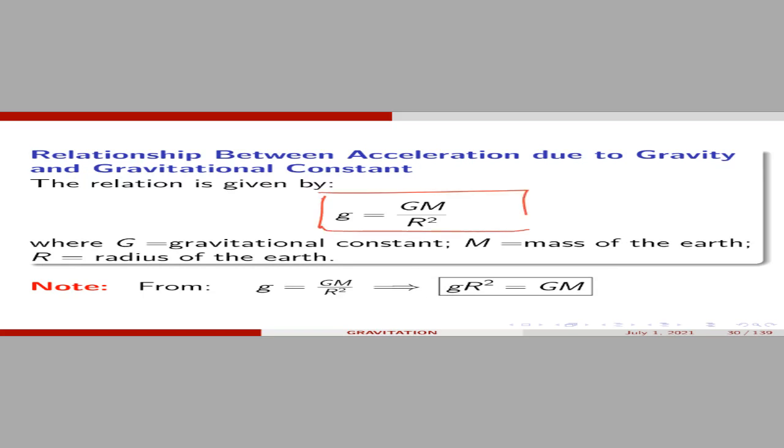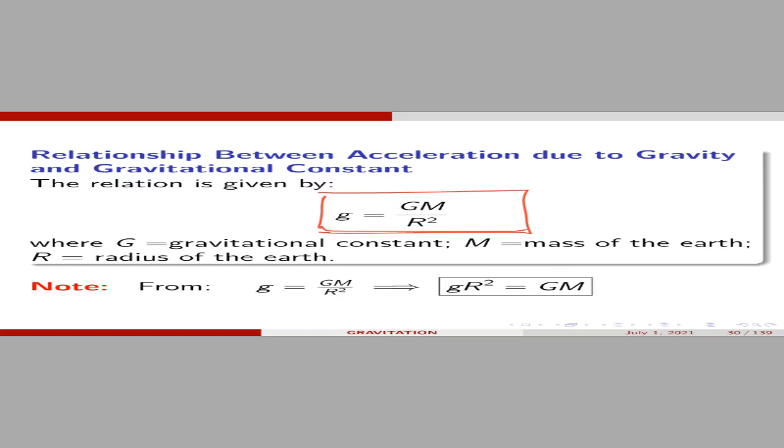G stands for gravitational constant, capital M is the mass of the Earth, and capital R is the radius of the Earth. So acceleration due to gravity is related to the mass of the Earth and to the radius of the Earth by that equation I've just given you.